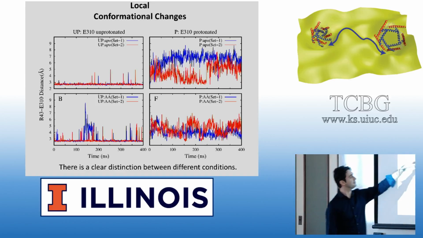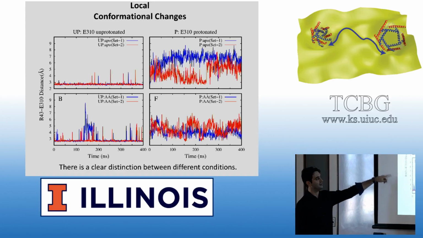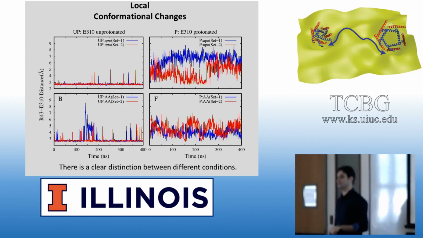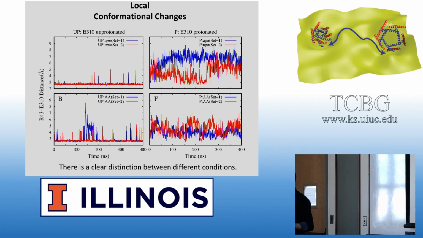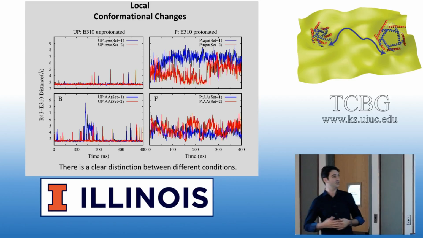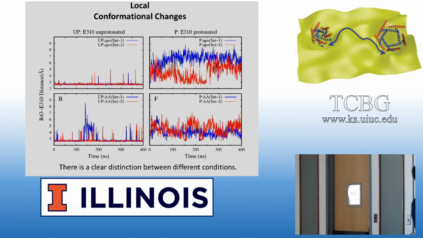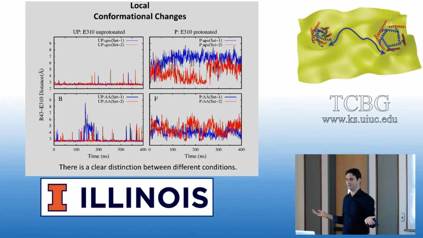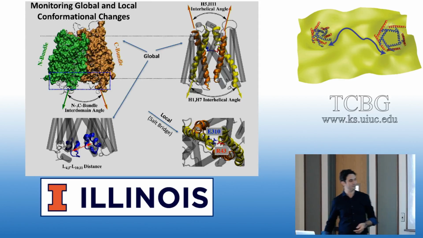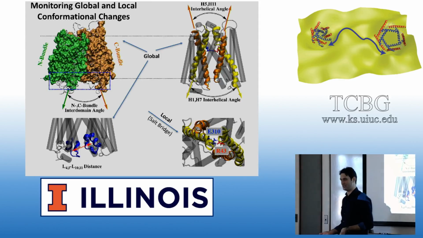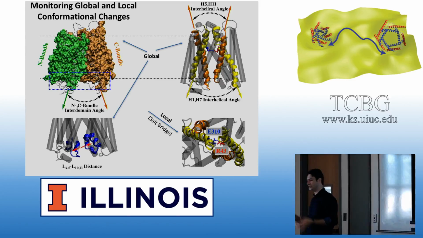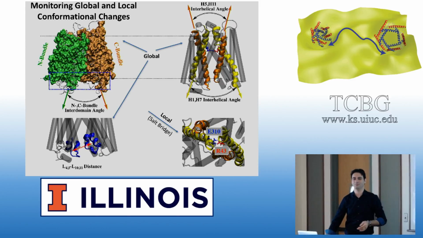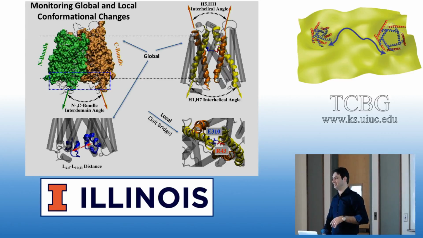In both cases, the salt bridge distance is basically telling you that this salt bridge is formed. However, in the same system, when the E310 is protonated, the salt bridge isn't there anymore. And it makes sense. You are protonating this glutamate, and it doesn't form a salt bridge anymore. You almost don't even need to do simulations for it, but you can see it in the simulations.